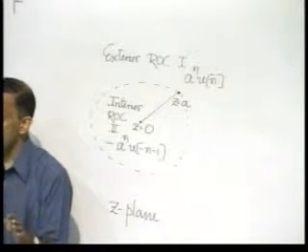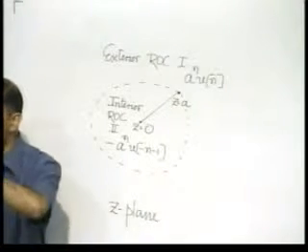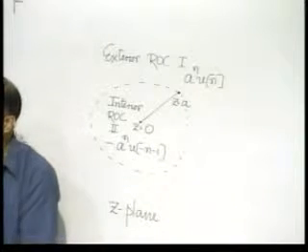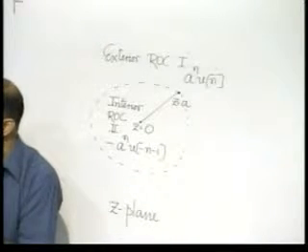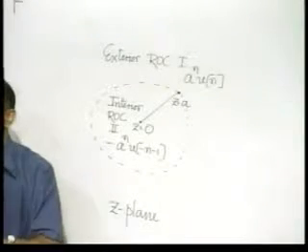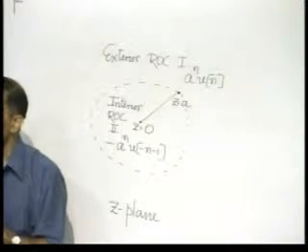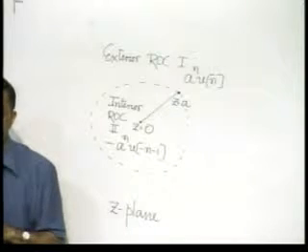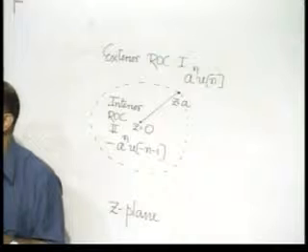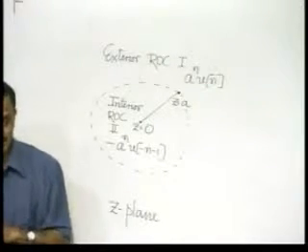Again, a region of convergence might be neither exterior nor interior. It might lie between two disks, between two circles. In that case, we need to treat the situation separately. In fact, in a moment, we shall be able to extend our arguments to that situation. Actually, what we have done here is to consider the most primitive kind of function or sequence for which we have a Z transform, namely the exponential function or the exponential sequence.